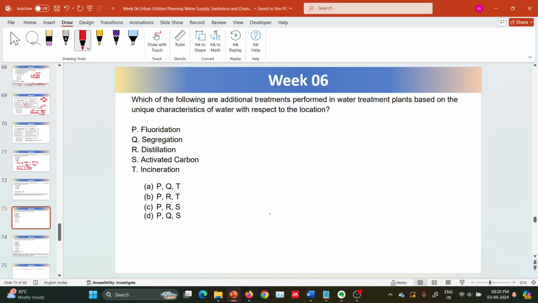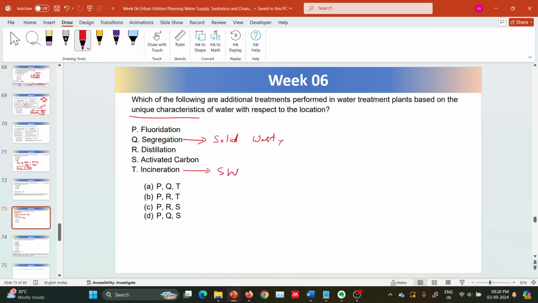Which of the following are additional treatments performed in a water treatment plant based on the unique characteristics of the location? In the first slide we studied some things. Segregation is for solid waste. Incineration is also for solid waste.